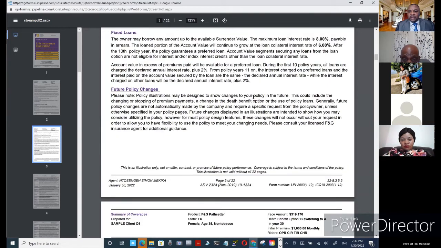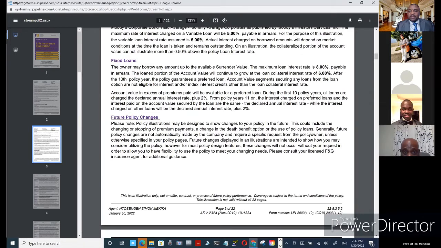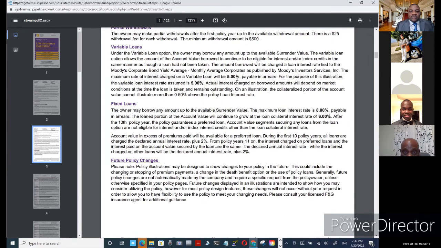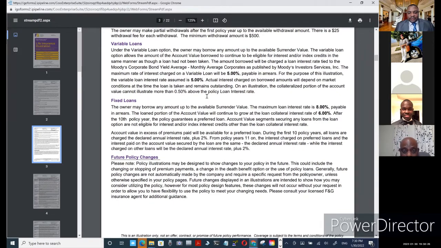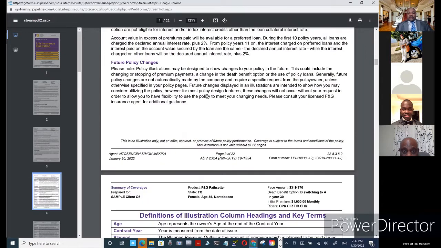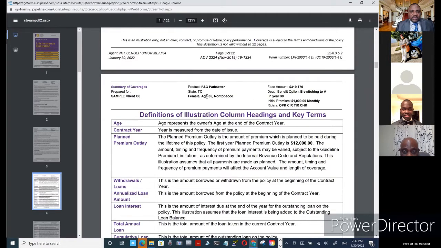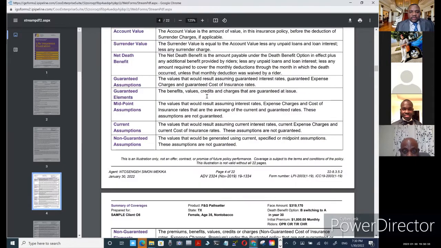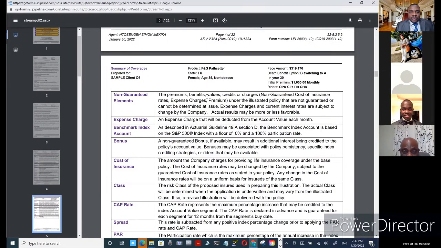Fixed loan is 8% interest, while variable loan is 5%, which means that if you take a loan during the period where this index is making 15%, you will still be making 10% on your money while you are using that money to make some other money elsewhere. Now, let's go down real quick to the portion that is really important.